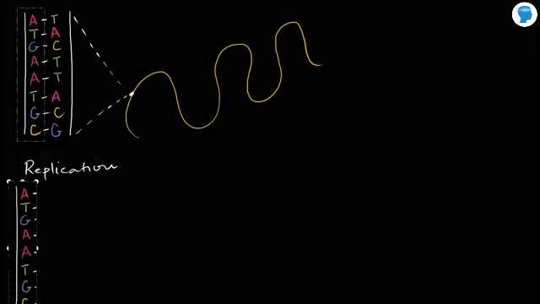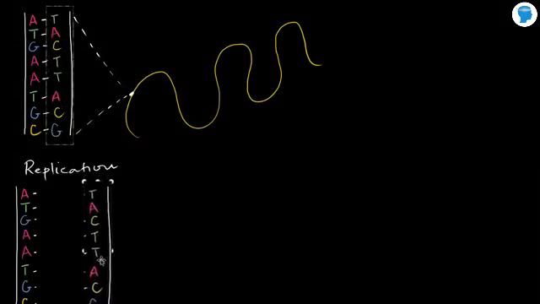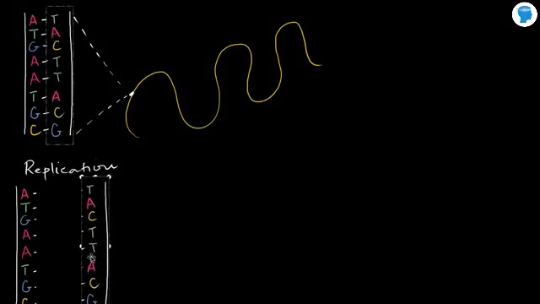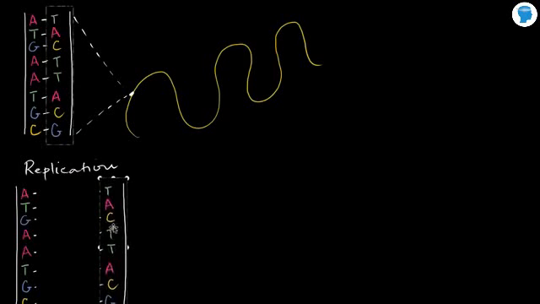And then let's copy and paste the other side. So let me select that, and then I copy, and then I paste. And it's just like that. And so you can imagine if you were to split these, I guess you could call them two sides of the ladder, then either side could be used to construct the other side. And then you would have two identical strands of the DNA.